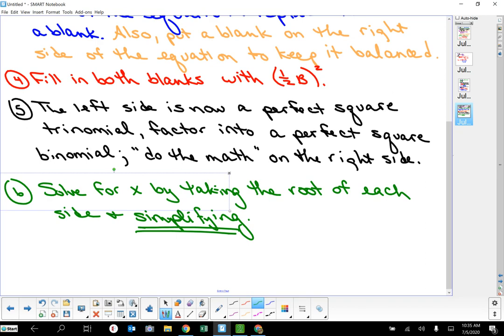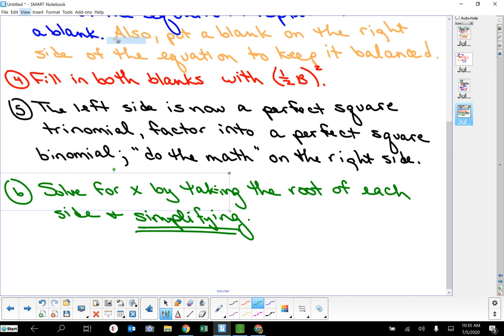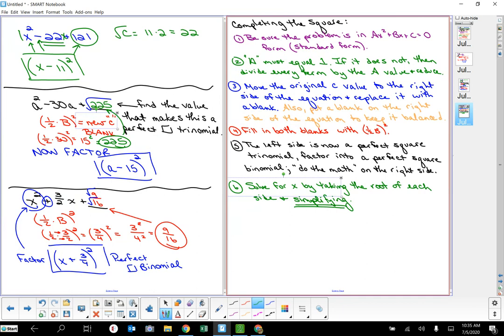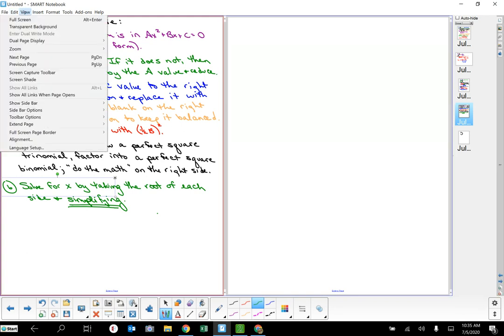So we're going to do a couple of examples. I'm going to go to a 2-page view here. Dual page, we're going to turn that on. We're going to add a page. And then I'm going to pin this page so that it doesn't go anywhere. That might take me a second. How do I pin the page?